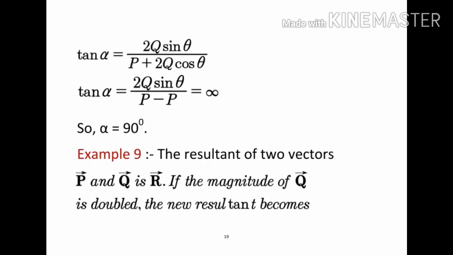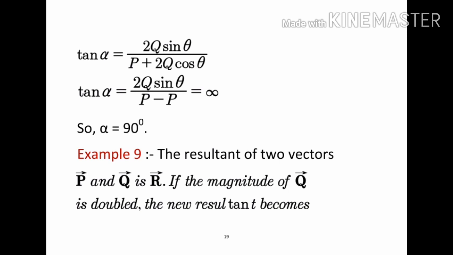Next one, we can take the direction formula. That direction formula is tan alpha is equal to q sin theta by p plus q cos theta. And in the second case, the magnitude of q bar is doubled. So due to that reason, tan alpha is written as 2q sin theta by p plus 2q cos theta.